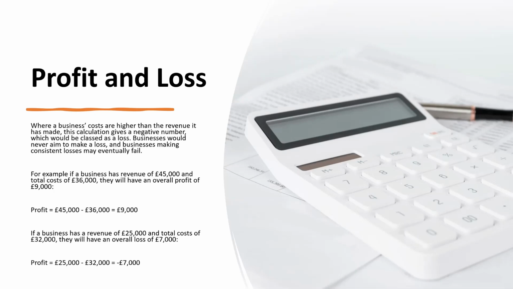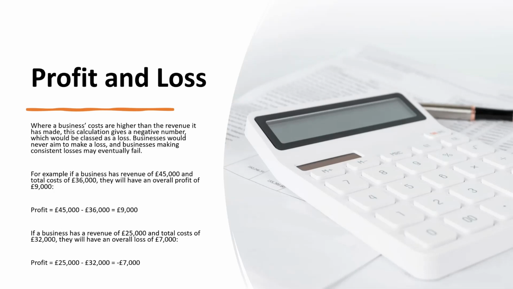So let's put this into an example. If a business has revenue of £45,000 and total costs of £36,000, they would have an overall profit of £9,000. And we can see the calculation for that would be £45,000, take away the £36,000, gives us the £9,000 profit.